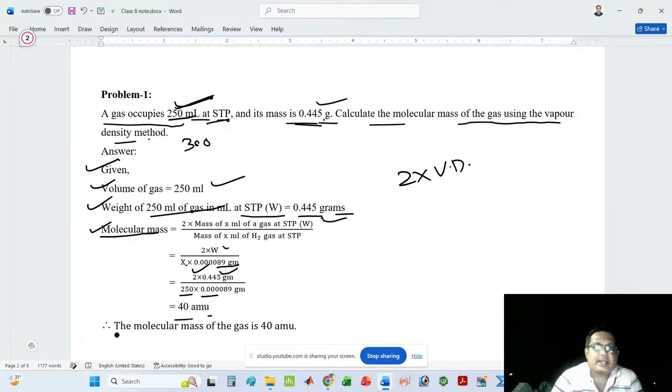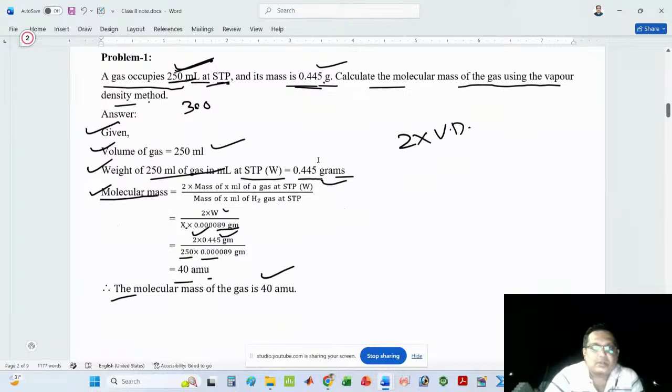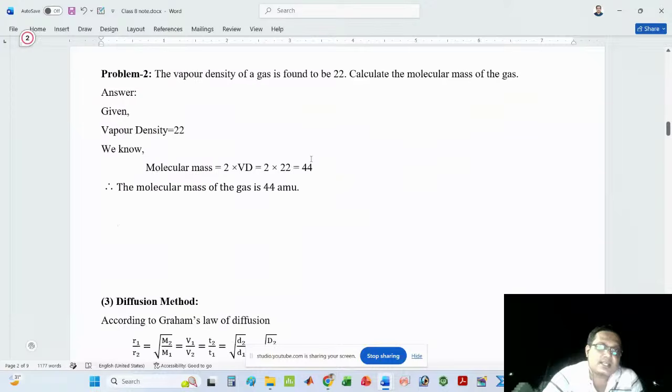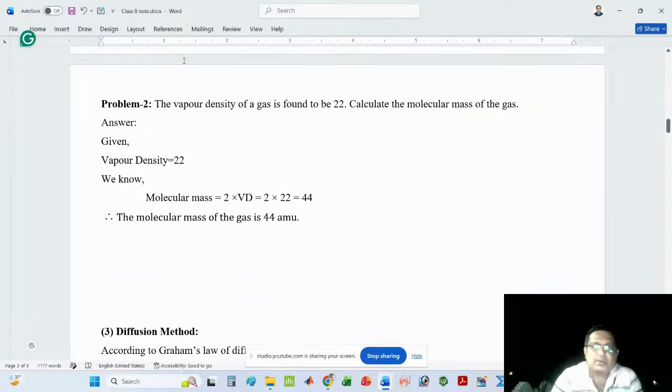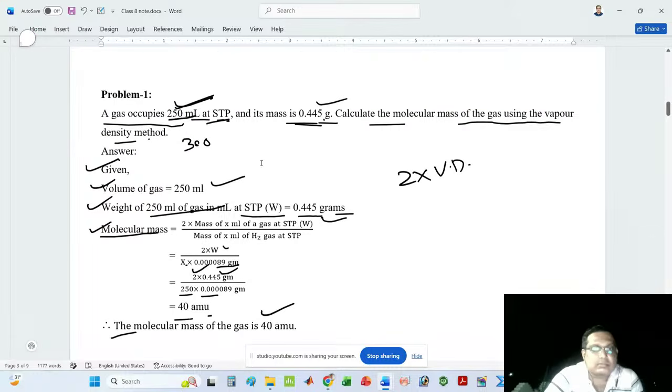Take another problem, a simple problem. Suppose the vapor density is given directly. In problem number 1, the vapor density is not given. The data is given for the calculation of vapor density.